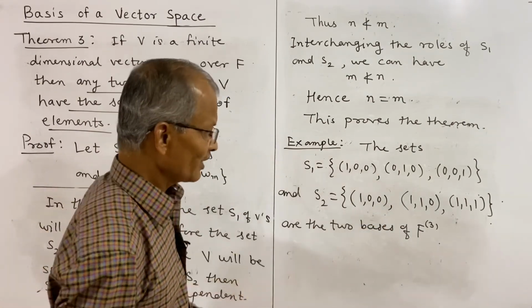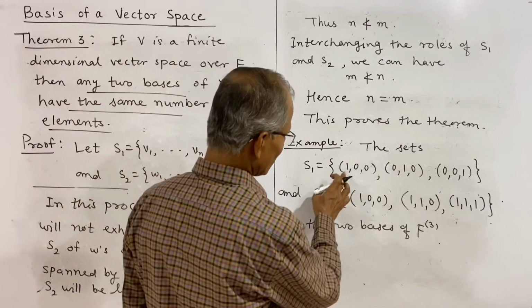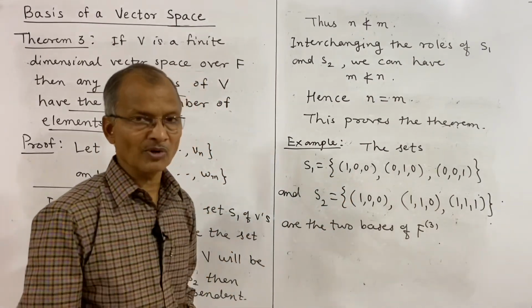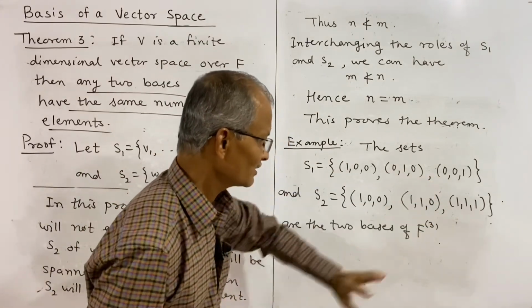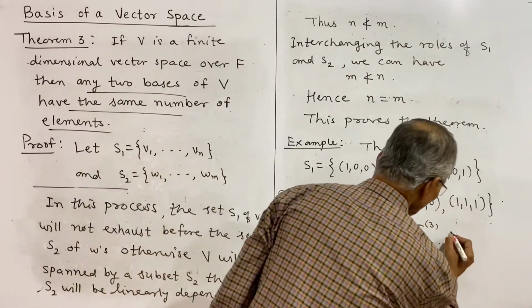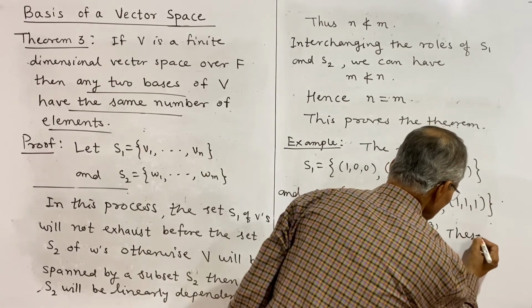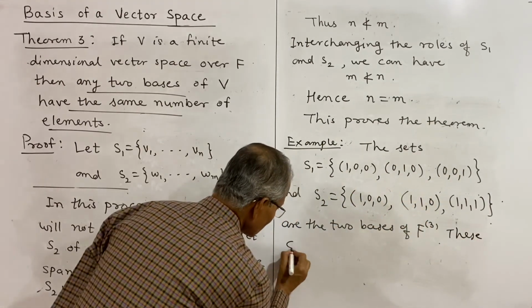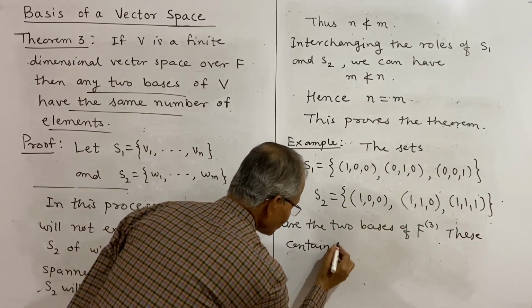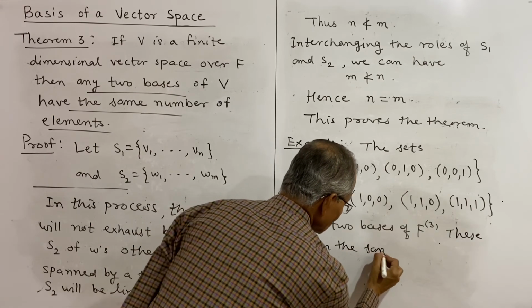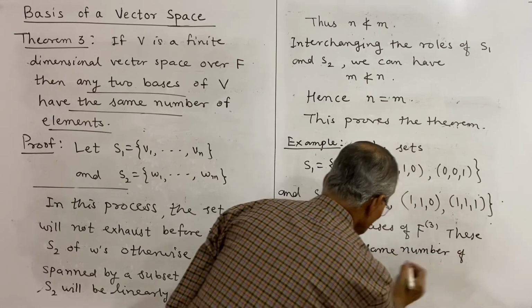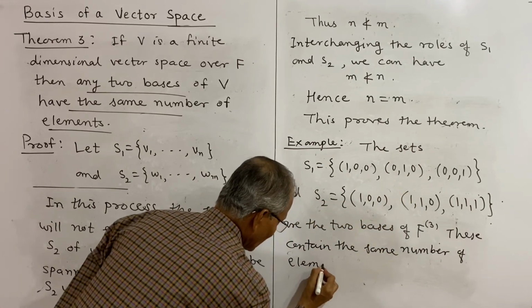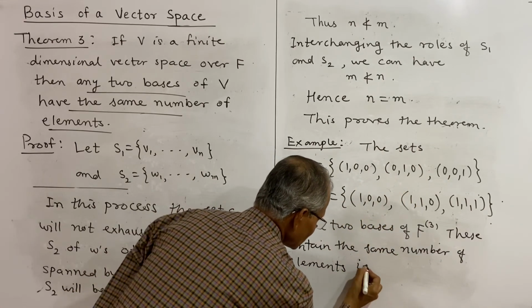So these are two bases of F3, and these two contain the same number of elements. See, three elements, 1 2 3. This also contains three elements. They are two bases of F3, and these contain the same number of elements, that is 3.